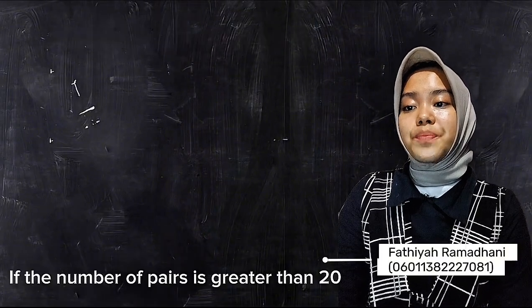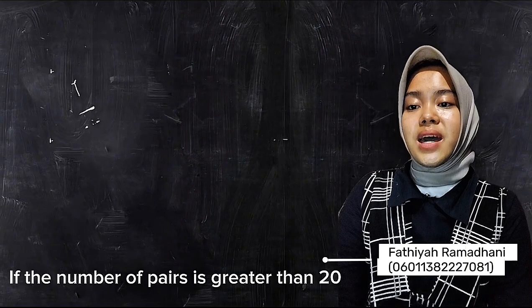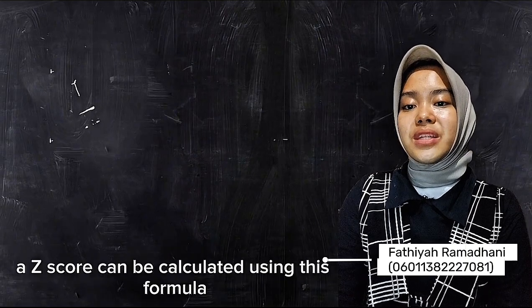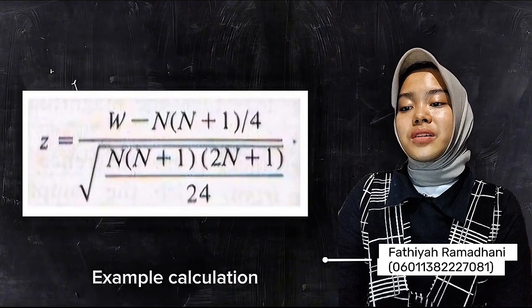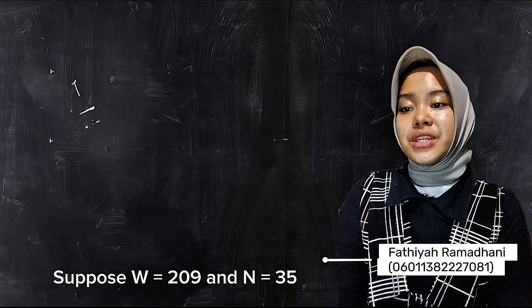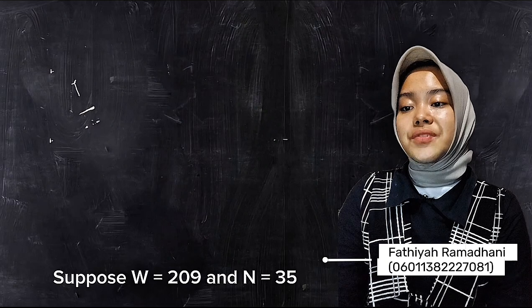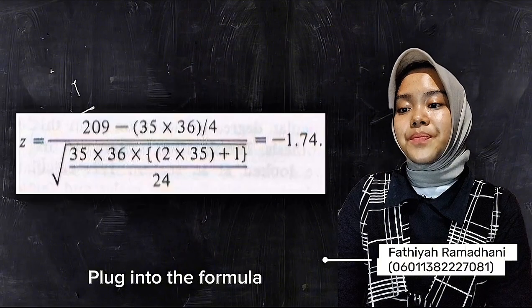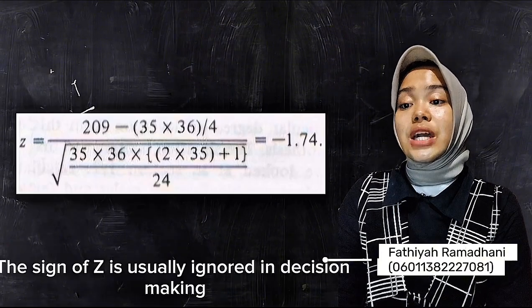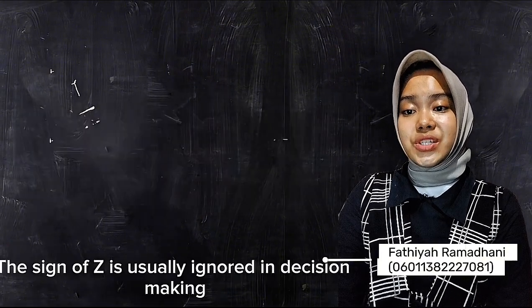Z-score and SPSS output. If the number of pairs is greater than 20, a z-score can be calculated using this formula. Example calculation: suppose W equals 209 and N equals 35. Plug into the formula. The sign of Z is usually ignored in decision making.